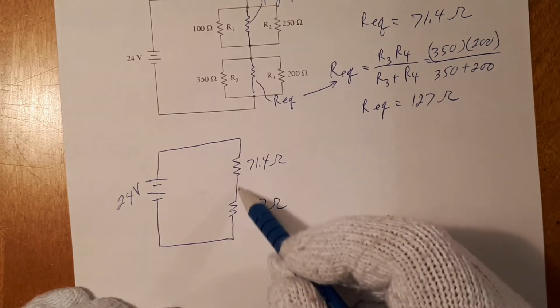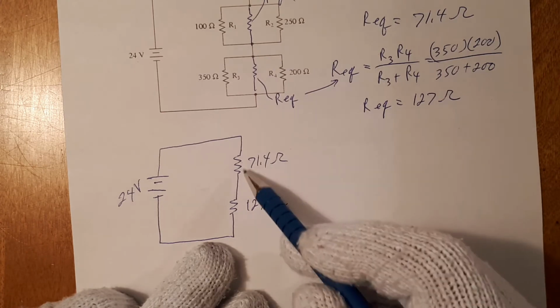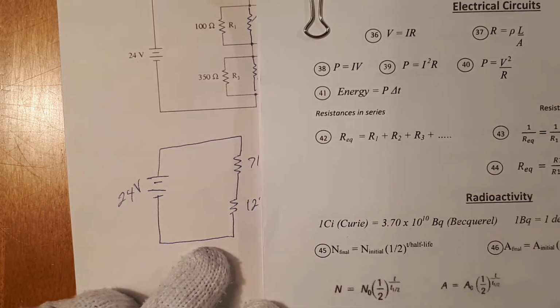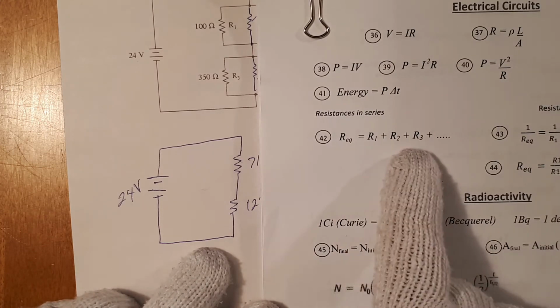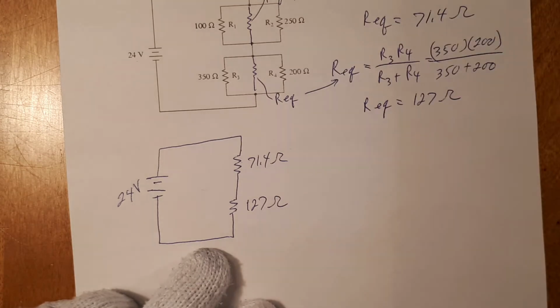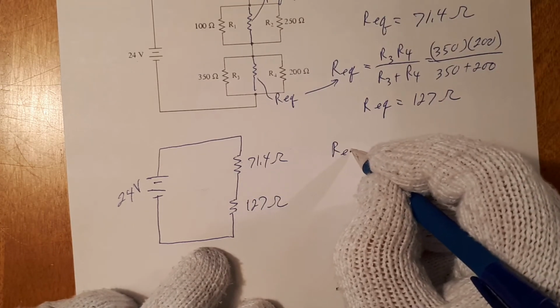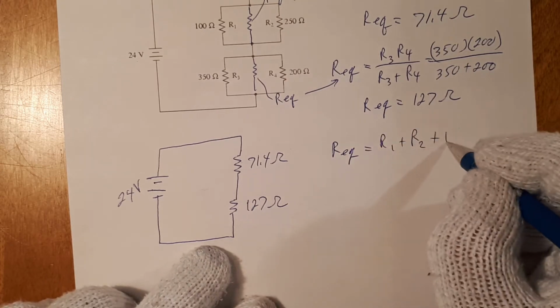Now these two, as you can see, are in series to each other. So let's find the equivalent resistance now in a series, and back to our equations. For a series resistance, just simply add up all the resistors that are in series. So R equivalent for this grouping is equal to R1 plus R2 plus R3.